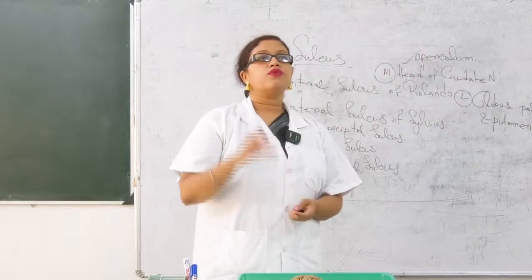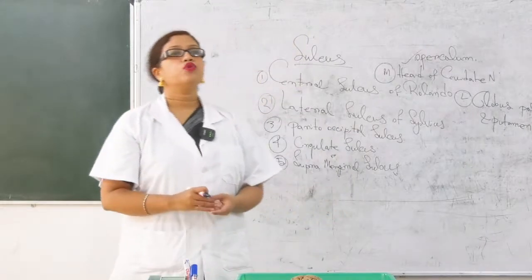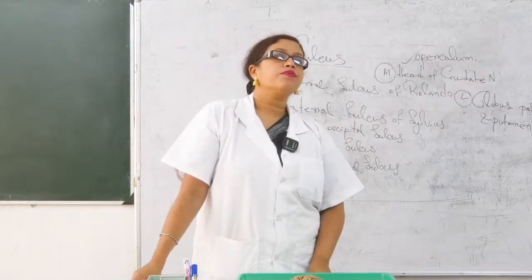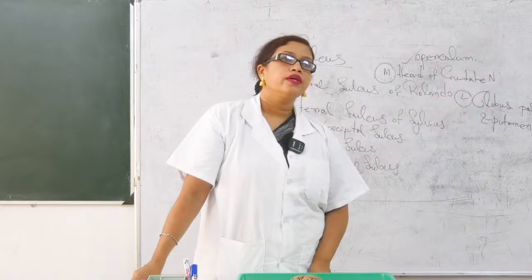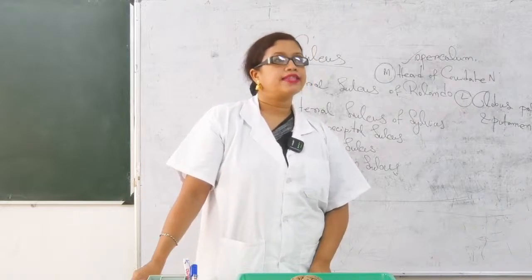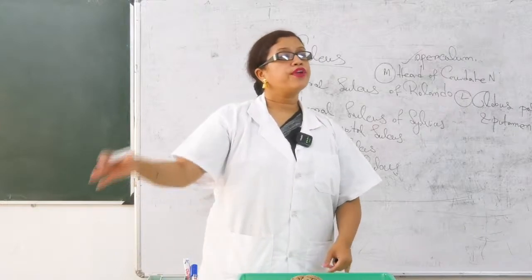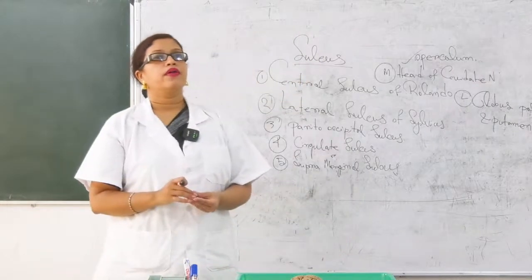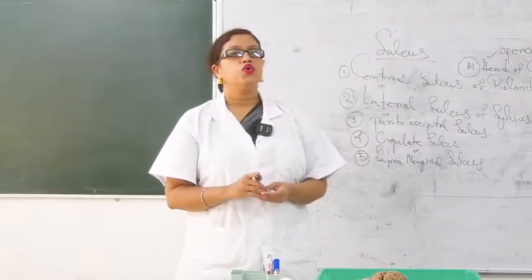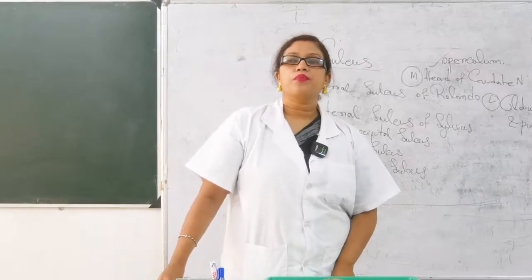So this is about the internal capsule. Now what are the other things you will get? Most important thing, this is white matter. So what is the function of this internal capsule? Write it down. It acts as a relay center from the different afferent pathways which are coming from the brainstem.